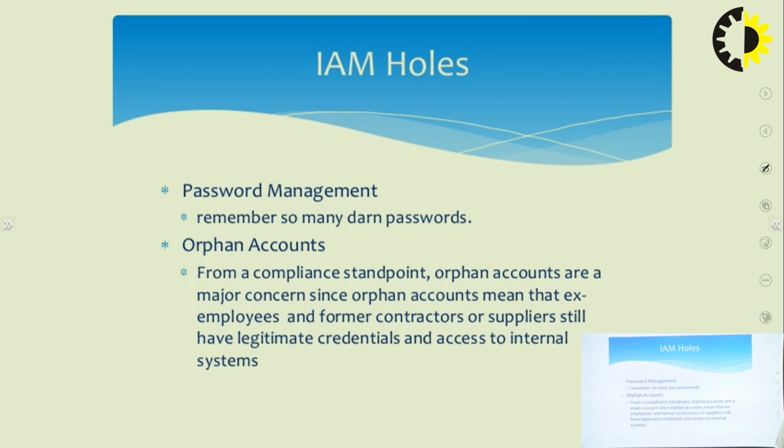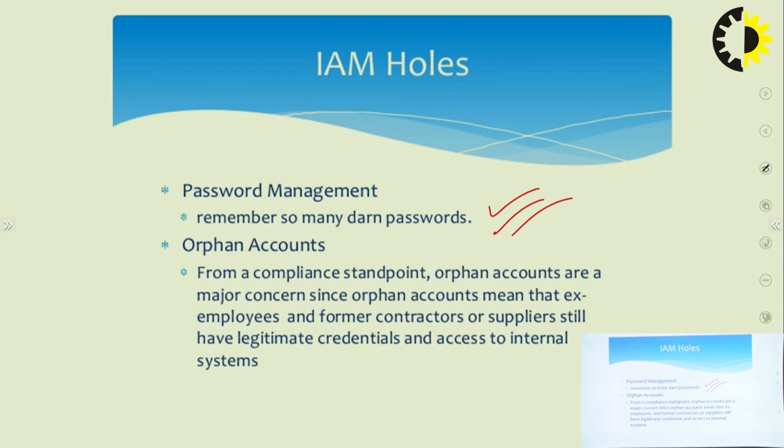Now, what are the different types of roles? Password management. Remember, so many different types of passwords are an issue, right? Again, there are orphan accounts as well. From the compliance standpoint, orphan accounts are a major concern, since orphan accounts mean that ex-employees and former contractors or suppliers still have legitimate credentials and access to internal systems, though they are no longer part of the current organization.